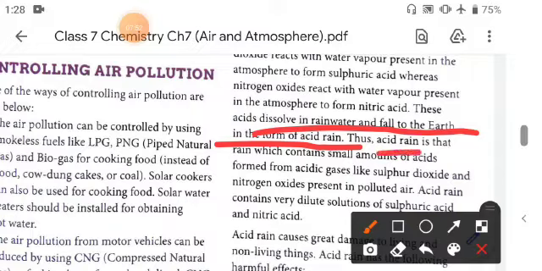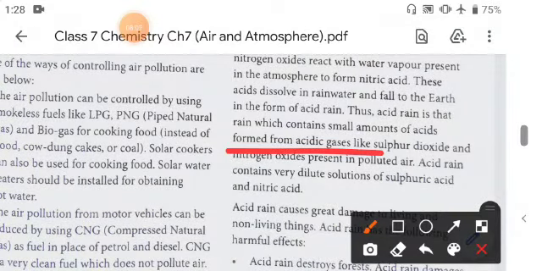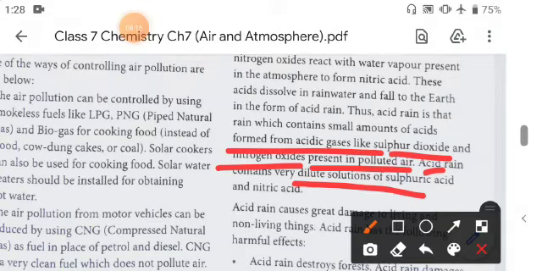And thus acid rain is that rain which contains small amounts of acid formed from acidic gases like sulfur dioxide and nitrogen oxides present in the polluted air. This acid rain contains very dilute solutions of sulfuric acid and nitric acid.